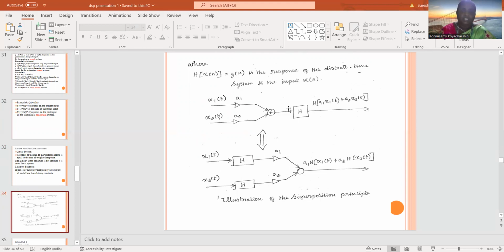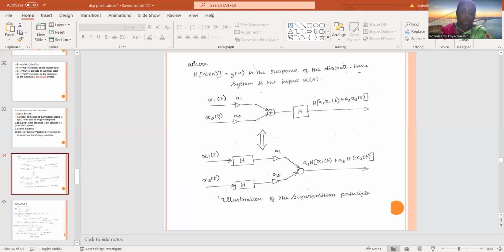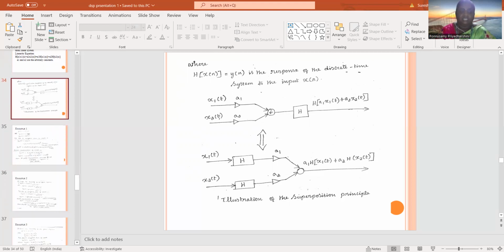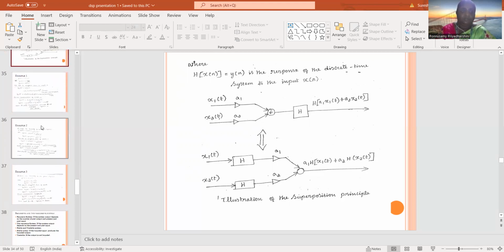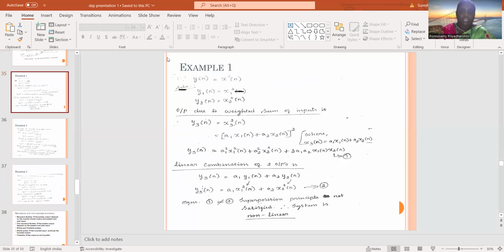If both are the same, it is called a linear system.